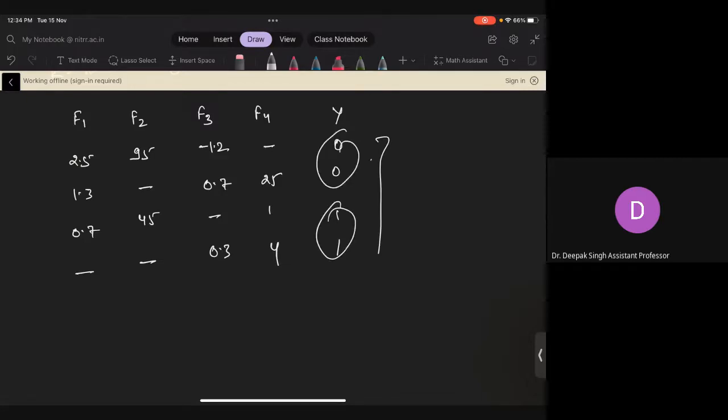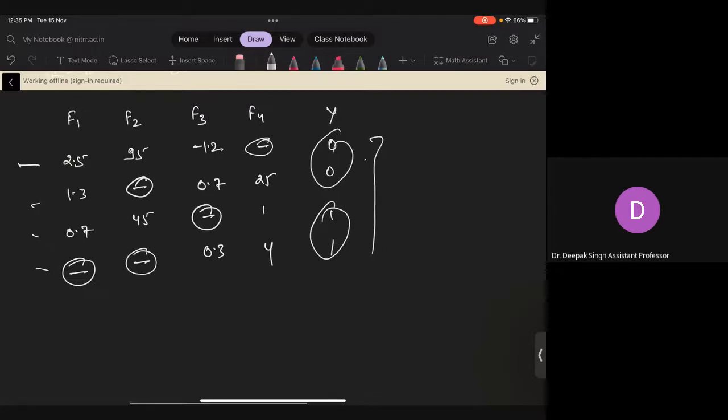Right now, I have only taken 4 instances. And I am interested in these missing values. I need to propose a solution where I can put some other values in place of these dashes. And I'm saying that for that, I'll use KNN.